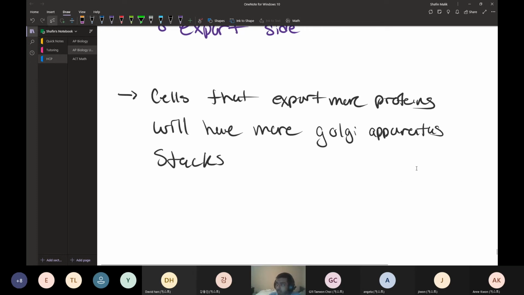So some examples of the cells that make a lot of Golgi apparatus, and I'd like you guys to remember just two of these examples. One of them is your immune cells, which produce antibodies, antibody proteins.